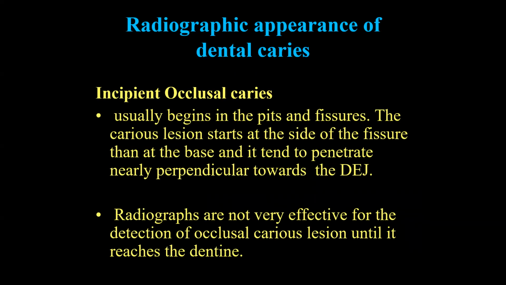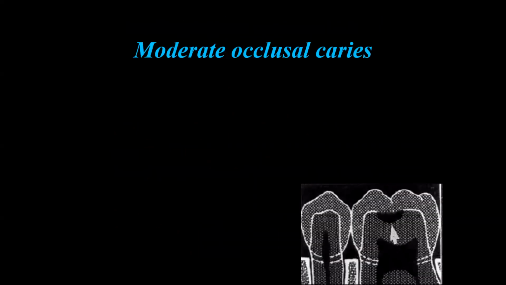Radiographs are not very effective for the detection of occlusal carious lesions because when the lesion is only confined to the enamel, the enamel is very radio-opaque. So any small radiolucency in that area will not be seen on the radiograph. Until the lesion has reached the dentine, we will not be able to see the image on a radiograph.